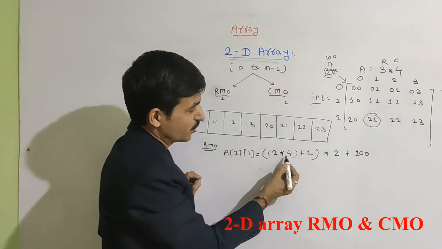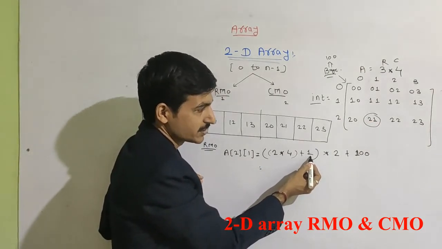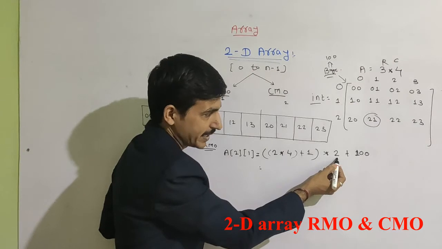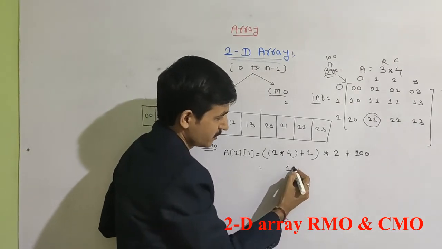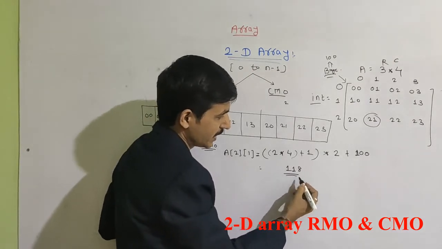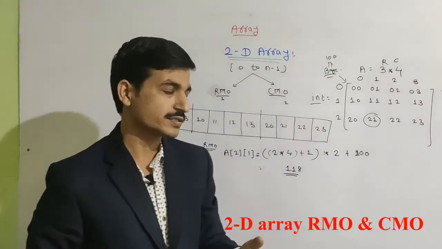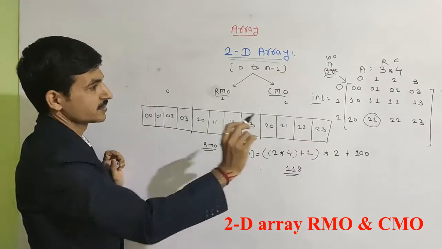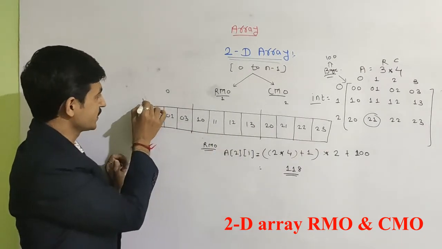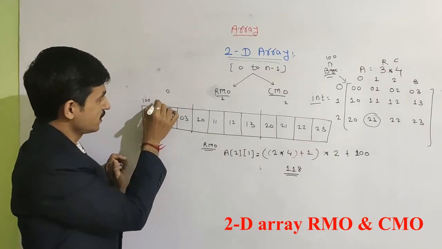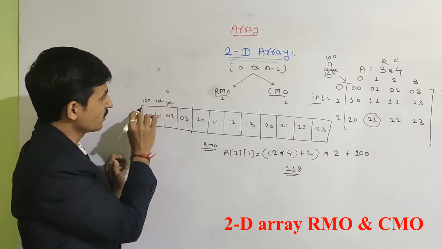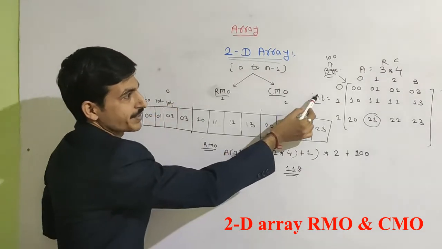Now we will calculate that. 2 into 4 is 8, plus 1 is 9, into 2, that is 18, plus 100. So the address of the element is 118. We will also cross-check this with the help of this sequence. The first element is stored at address 100, then 102, 104, incrementing by 2 bytes, because it's an integer.